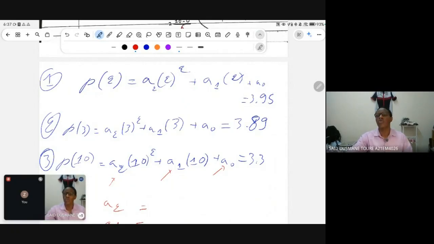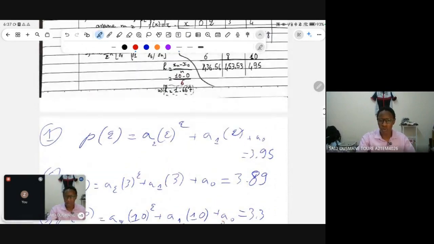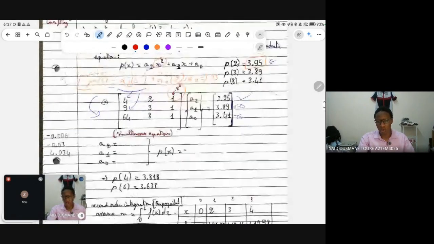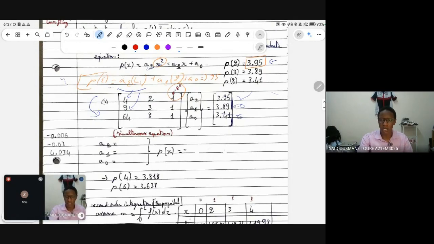You don't actually need to put it in the matrix. For me, it's just easier to visualize, to check whether what I put is true or false, because if I make a mistake I can check that I put the correct numbers. In the matrix, you just put 4, 2, 1, 3.95. You don't put A2, A1, or A0.